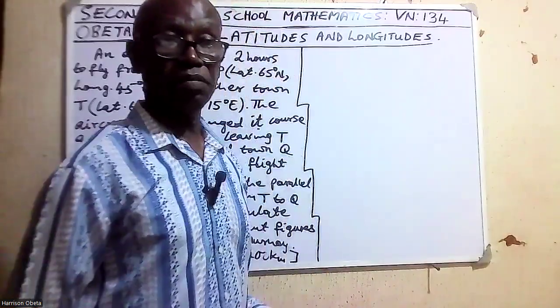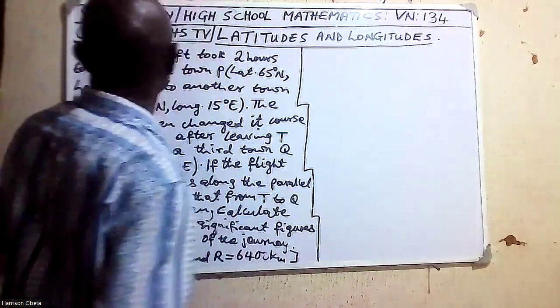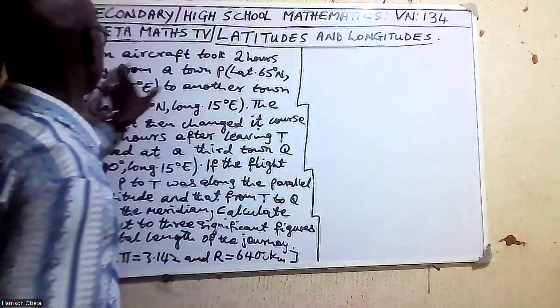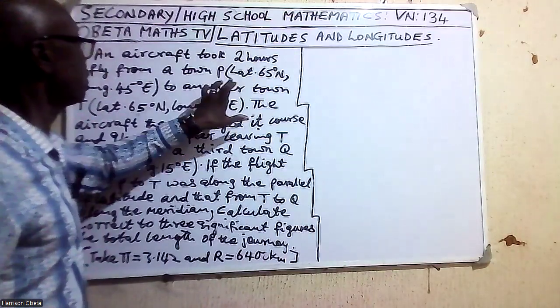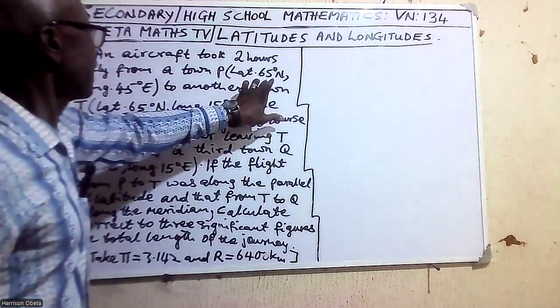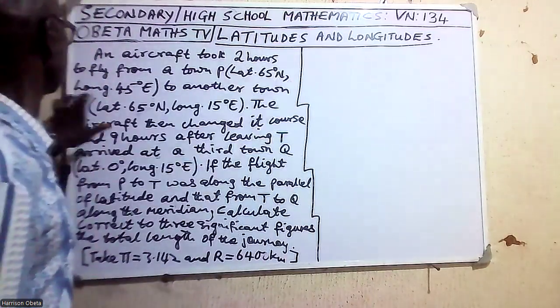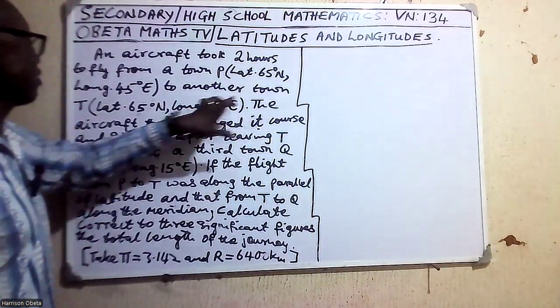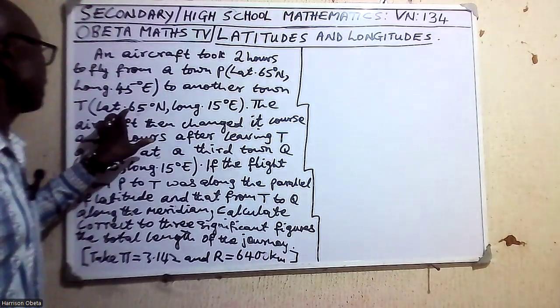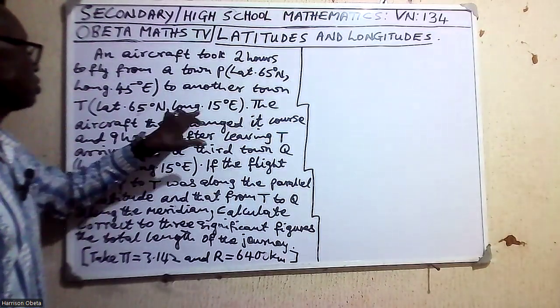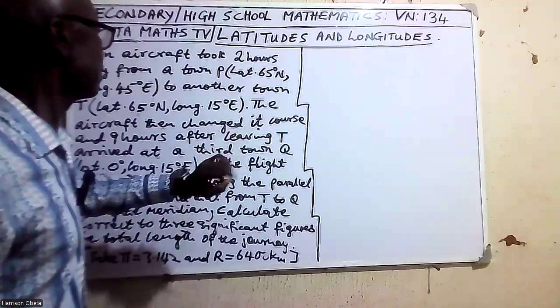We have a question on the board. An aircraft took 2 hours to fly from a town P, latitude 65 degrees north, longitude 45 degrees east, to another town T, latitude 65 degrees north, longitude 15 degrees east.